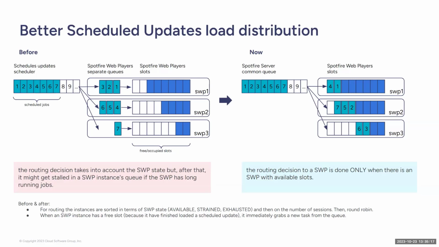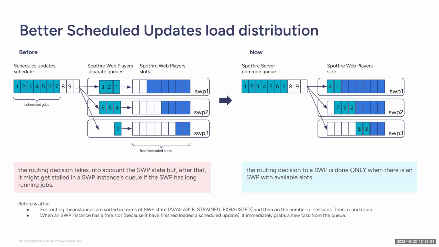This could lead to, in some cases, a job ending up behind slower jobs and getting stuck, even if other web player instances were available and could have served the job quicker. In Spotfire 14, there is now a single queue for all service instances on the Spotfire server, and each scheduled updates job is only assigned to an instance when a slot is available in that instance, meaning that when a job is assigned to a web player instance, it will begin to be served immediately.